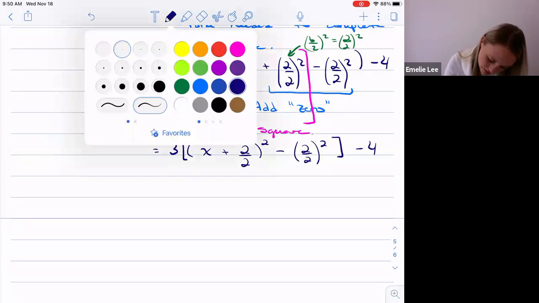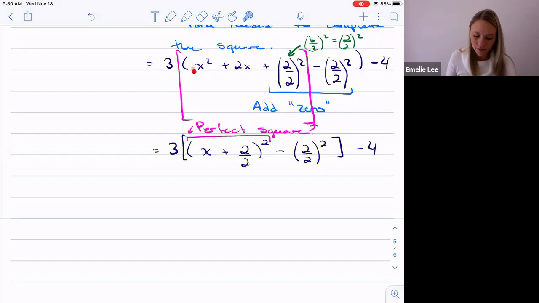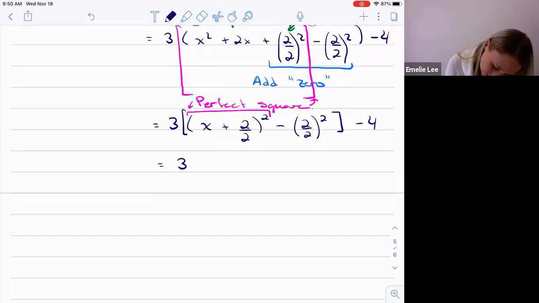Okay, so this here is your perfect square. Right. So this lump became this perfect square. Okay. So we're really close to being in standard form now. So what we have is 3 times, you know what? I'm going to simplify this 2 over 2 to be 1 now because we're kind of ready for it.